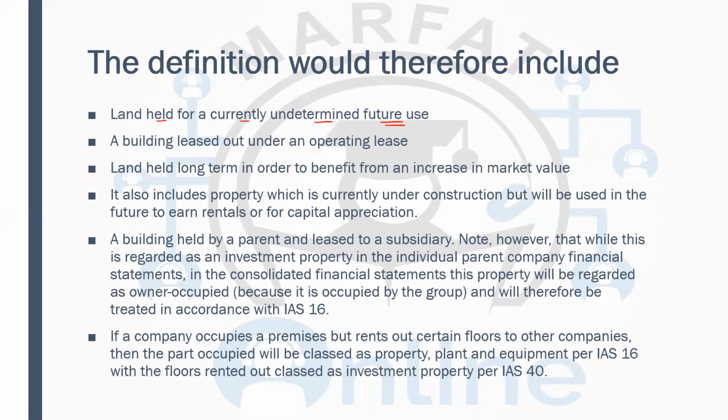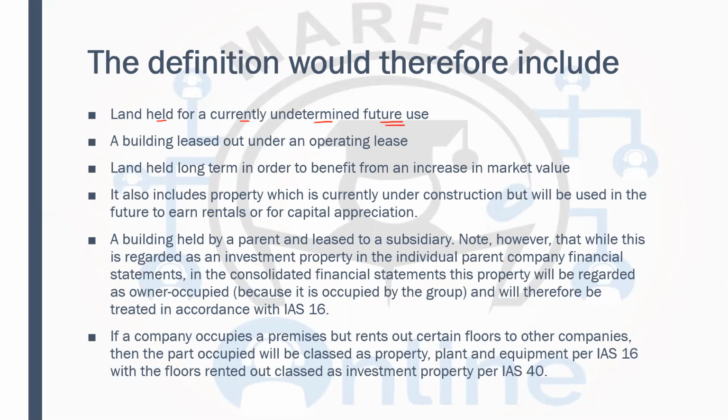If there is a piece of land, or for example, a property which is held for currently undetermined future use, then that will be recorded in IAS 40. Now, what is the reason behind that? For example, you have a piece of land and you have not decided the use of that yet. Why should it be classified under IAS 40?